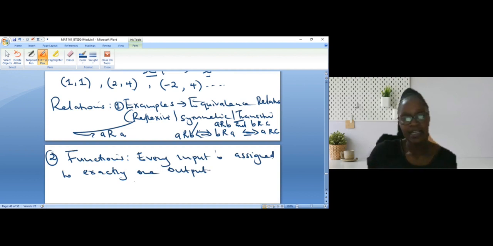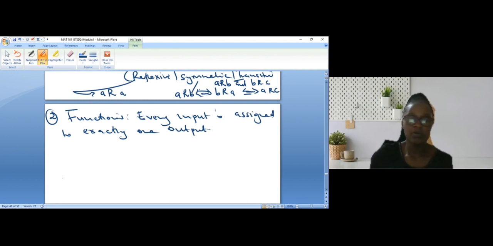So every input is assigned to exactly one output. In other words, a pre-image has exactly one image. The vice versa is possible, but a relation in which every input is assigned to exactly one output is called a function.